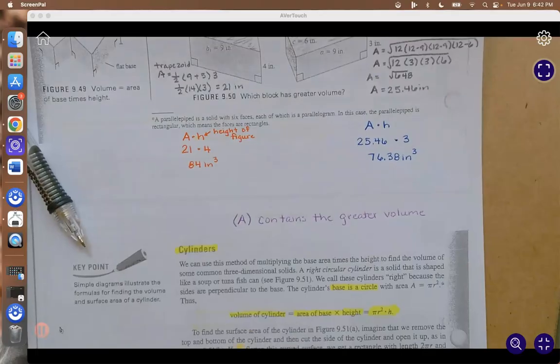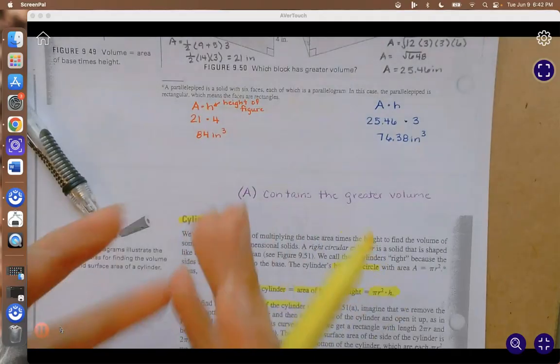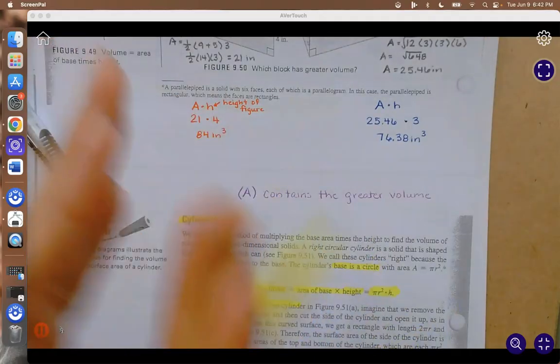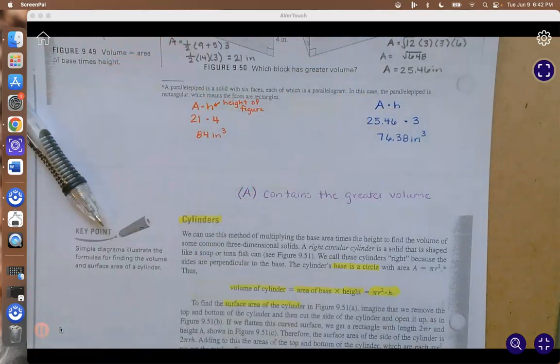Okay, so for surface area of a cylinder, imagine that we take the bottoms off of the can and just unroll the side. Because then we would have a rectangle with length 2 pi r and a height h.